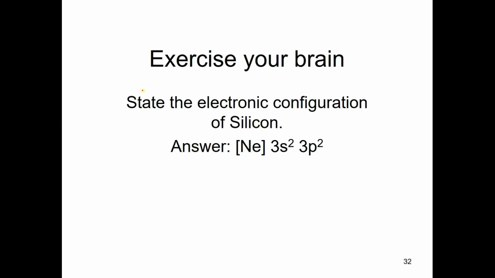So let us do a simple exercise. The question states: write the electronic configuration of a silicon atom. What should we do when we get this kind of question? One, definitely you need to know the number of electrons in this silicon atom. Where can you get this information? Definitely you have to refer to the periodic table.